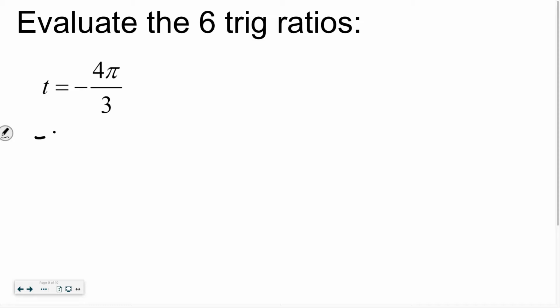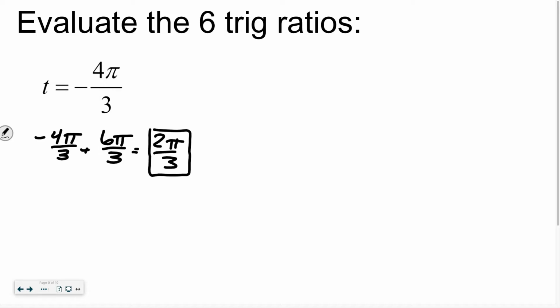So I'm going to show my work. Negative 4 pi over 3 plus 2 pi, which is 6 pi over 3, will get me to 2 pi over 3. So use the coordinates for 2 pi over 3 to do negative 4 pi over 3. Okay. Yes, Chloe.